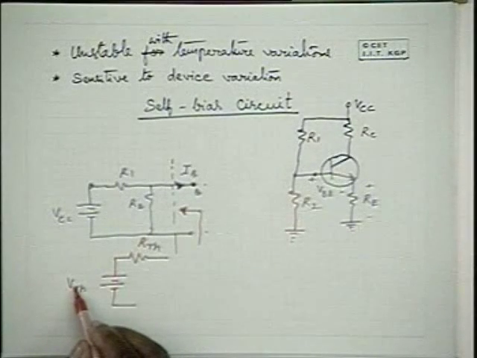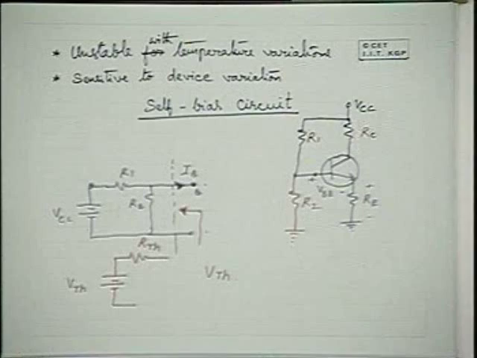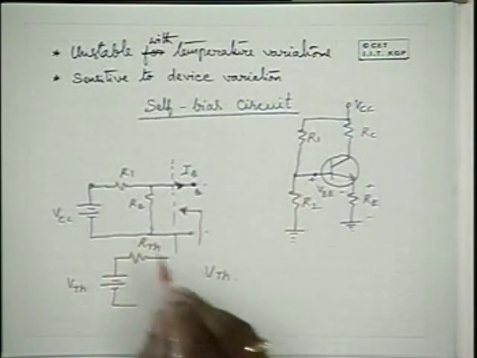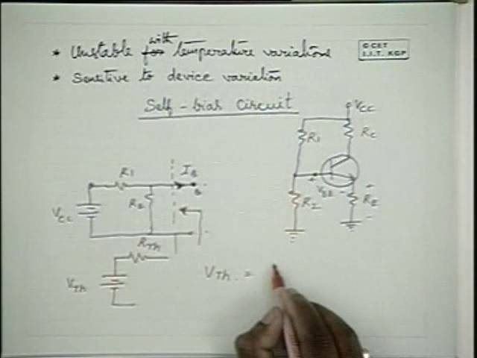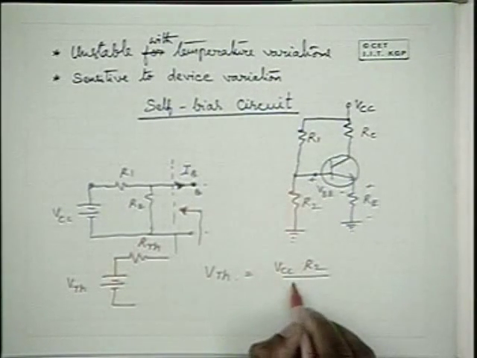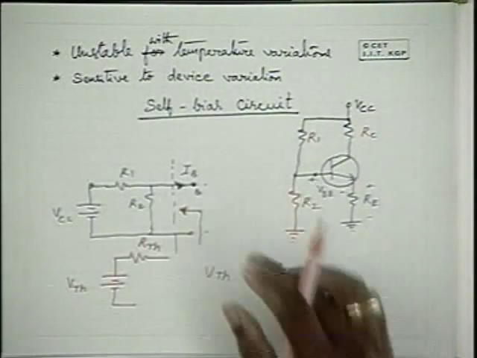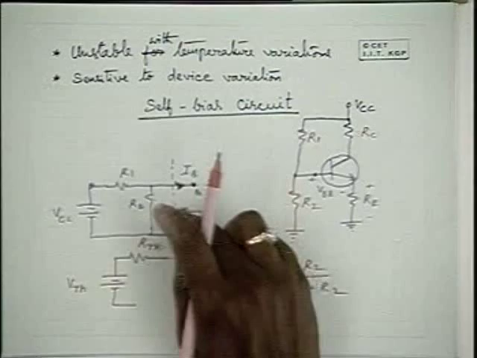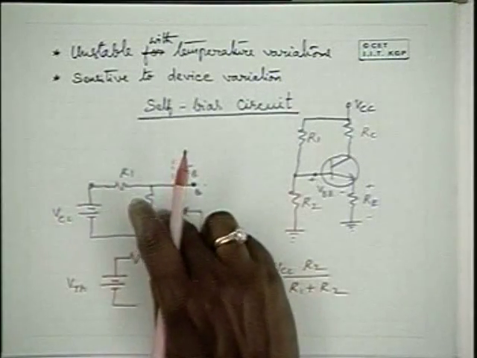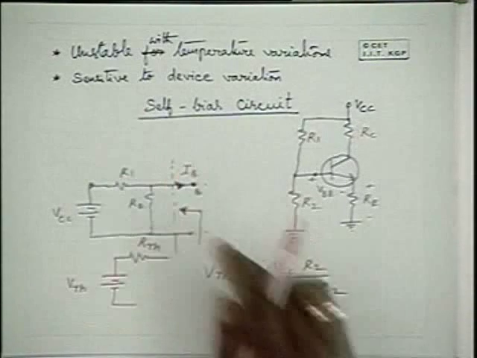Now, you know that V Thevenin is equivalent to VCC into R2 by R1 plus R2. That means when this is open circuited, the voltage which appears across this terminal is V Thevenin. That is equal to VCC into R2 by R1 plus R2.